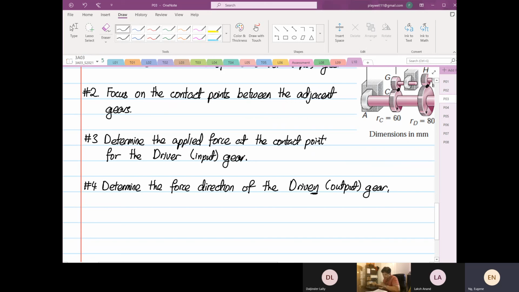The force is controlled by the input gear or the driver gear.